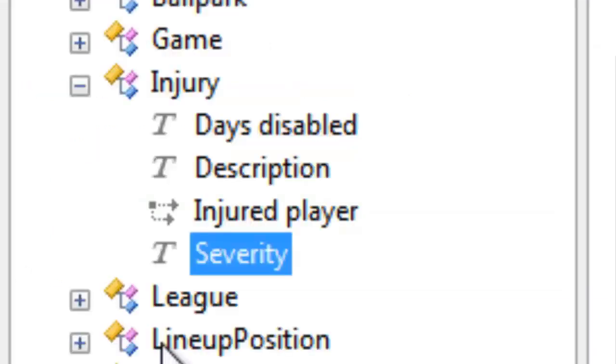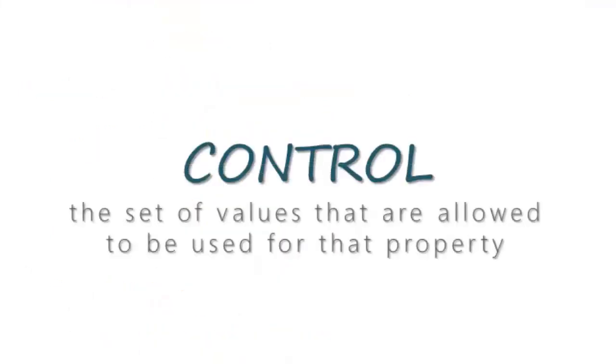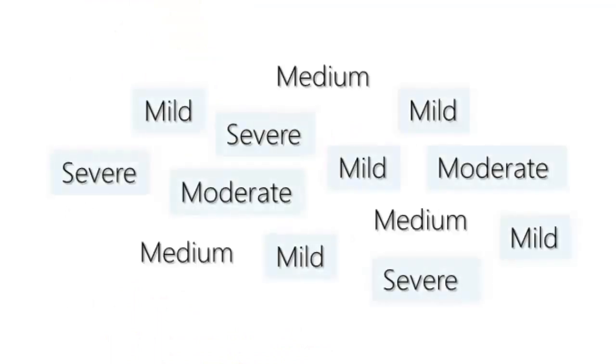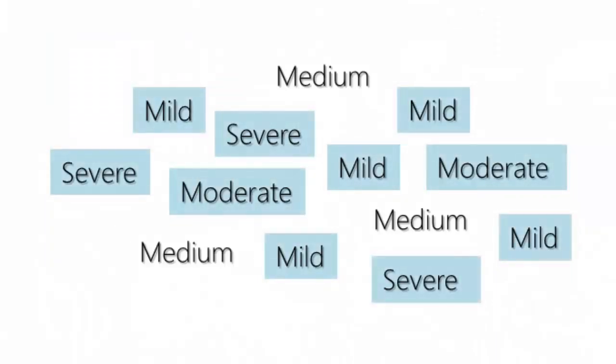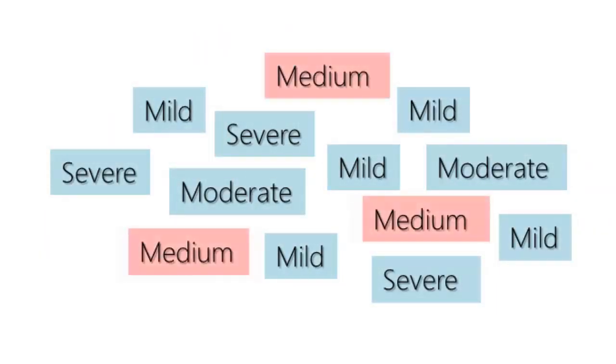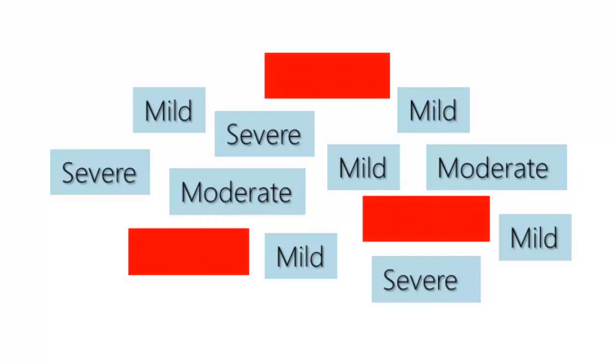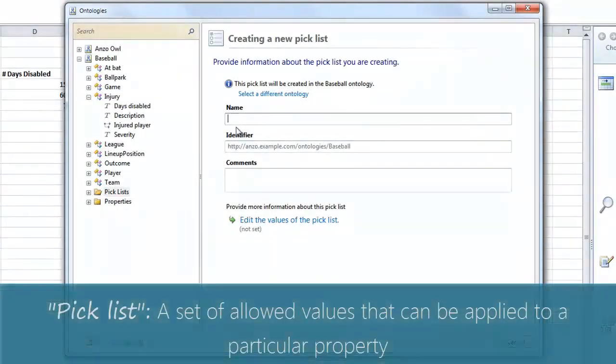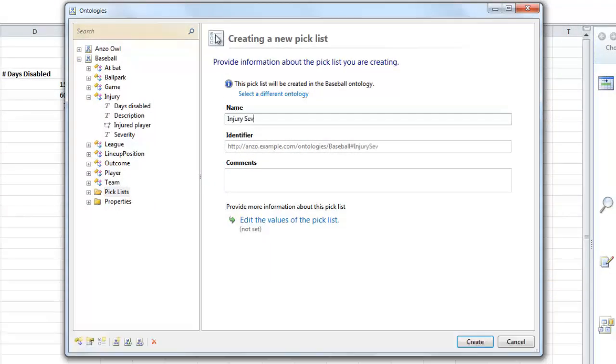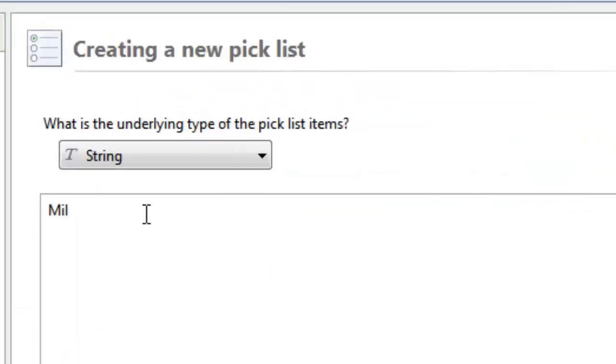For severity, we might want to actually control the set of values that are allowed to be used for that property. For instance, perhaps the only possible values are mild, moderate, and severe. So we don't want to let people put in things like medium, which would make the data not clean. So let's see how we do that. We'll create what's called a pick list, which is a set of allowed values that can be applied to a particular property. So we'll call this injury severity.